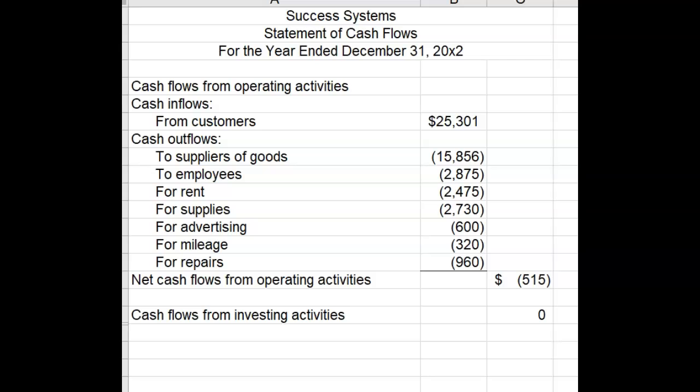You should continue the statement of cash flows that we started on the third tab in the workbook provided.